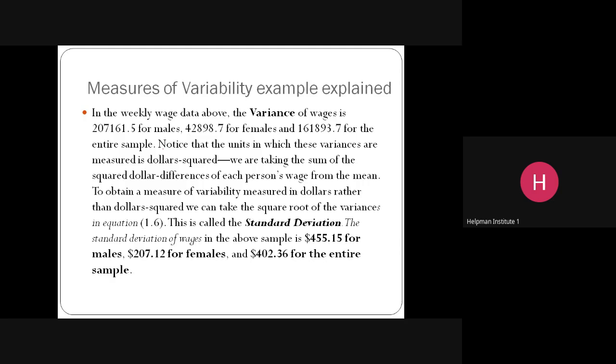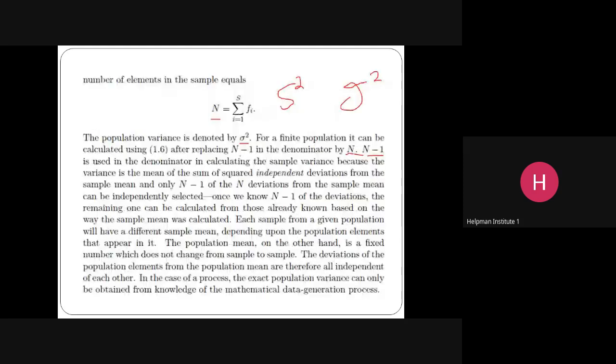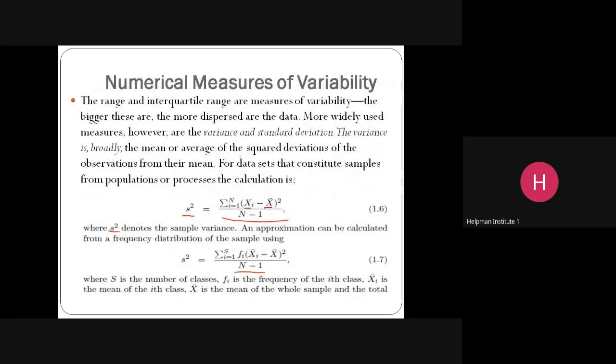Now, you notice that the units in which these variances are measured is dollar squared. So we are taking the sum of the squared dollar differences of each person's wage from the mean. To obtain a measure of variability measured in dollars rather than dollar squared, we can take the square root of the variances in equation 1.6. This is called the standard deviation. So these are the formulas of variance in 1.6 and 1.7.